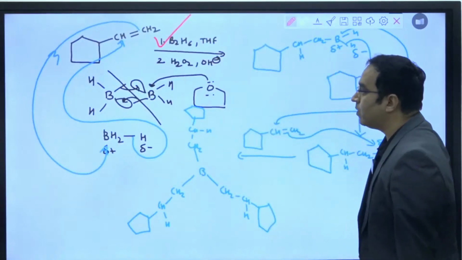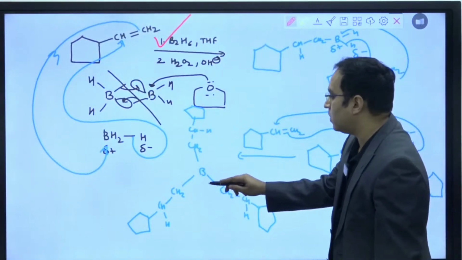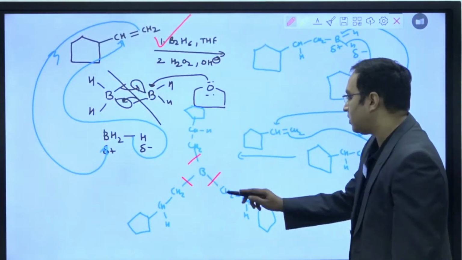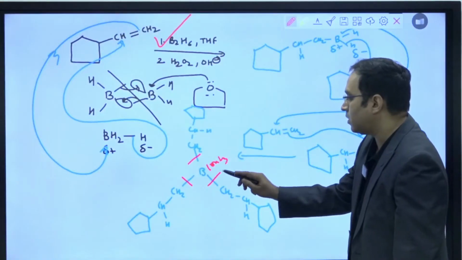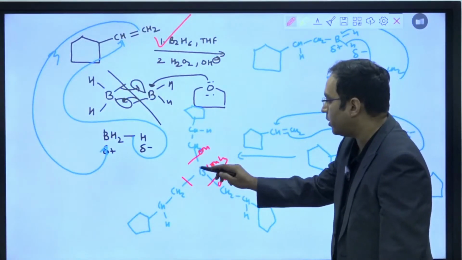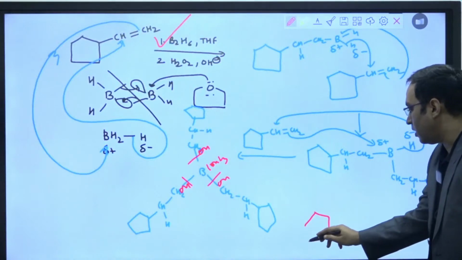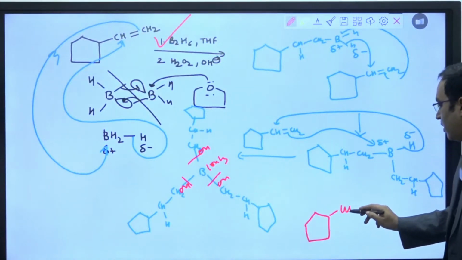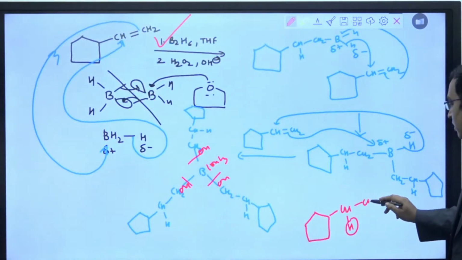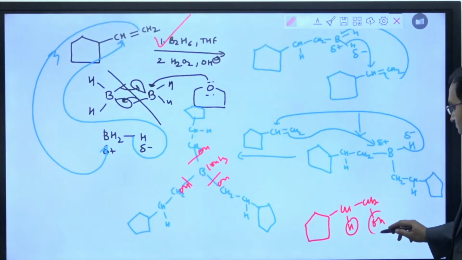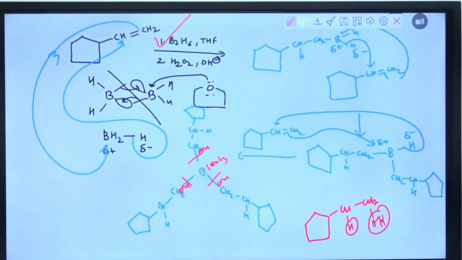What do we do in step 2? H2O2, OH minus. So you have to break this, mention B-OH thrice, mention OH, OH, NaOH. So what's my answer? Your answer will be a 5-membered ring having H here, having CH2OH. This alcohol will be the answer. Is it clear?